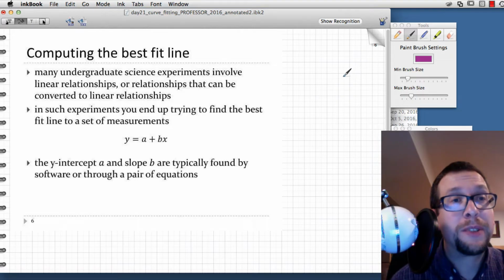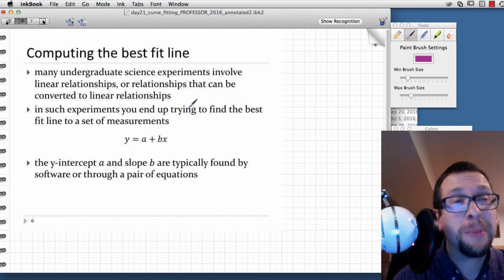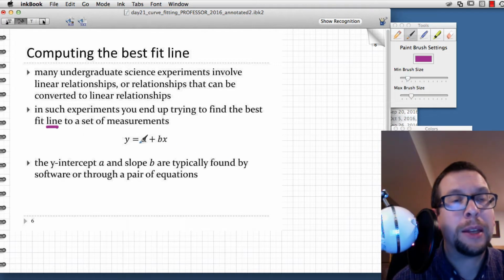So to compute the best fit line, effectively what you typically do is try and find a straight line, okay? And we can write the straight line as y is equal to a plus bx, or in high school you might have seen y is equal to mx plus b. We just rewrote it slightly differently.